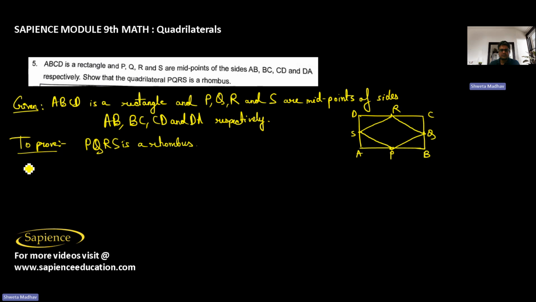Now here, how to prove it? Proof is, so now here also we can draw the diagonals, that is AC and BD.